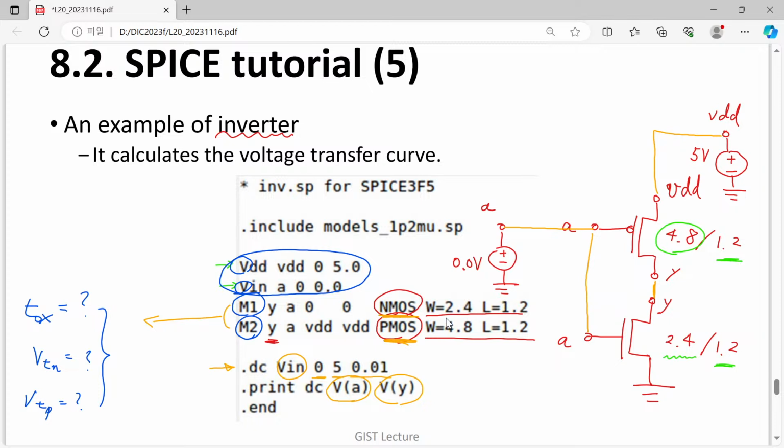Even though you have W and L equal to 2.4 and 1.2, if you make it with a state-of-the-art device, then your performance will be much higher than one built with older technology. So quite obviously, we need some specification about the technology. What is the MOSFET? That is specified in this case.